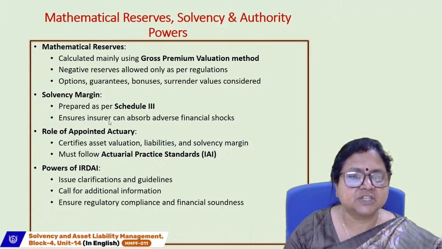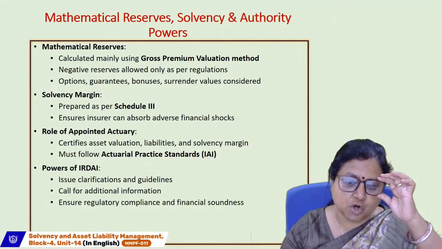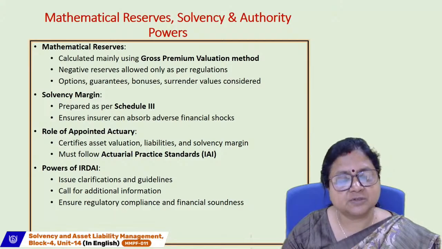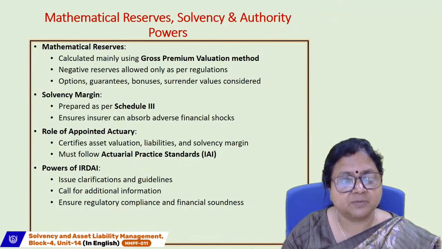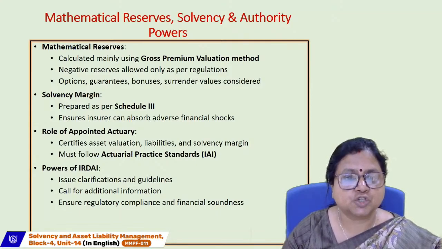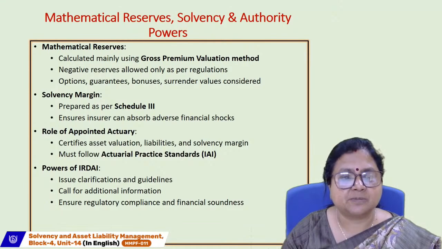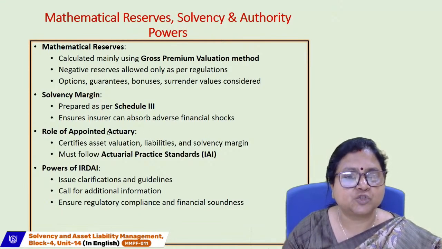Solvency margin ensures the insurer can absorb adverse financial shocks. If you have 150% solvency margin, then obviously additional financial shocks can also be absorbed by the company.